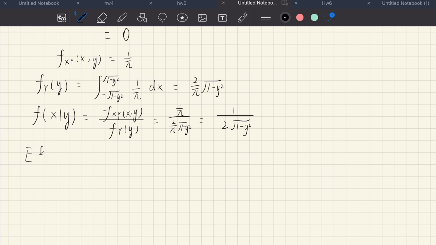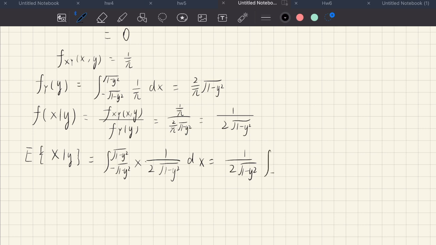And the expectation of X given Y should be equal to the integral of x times 1 over 2 square root of 1 minus y squared, from minus the square root of 1 minus y squared to the square root of 1 minus y squared, of x with respect to x, and this is an odd function.